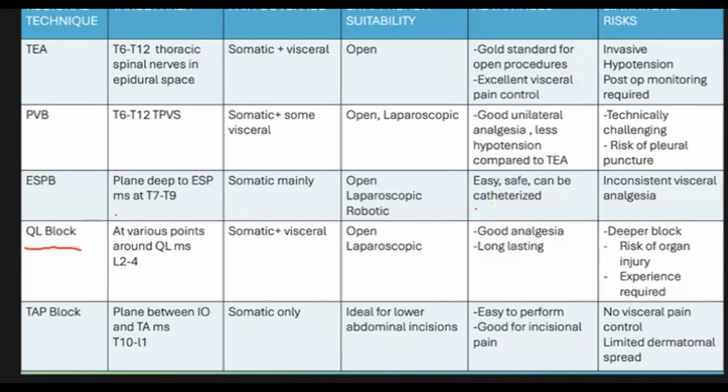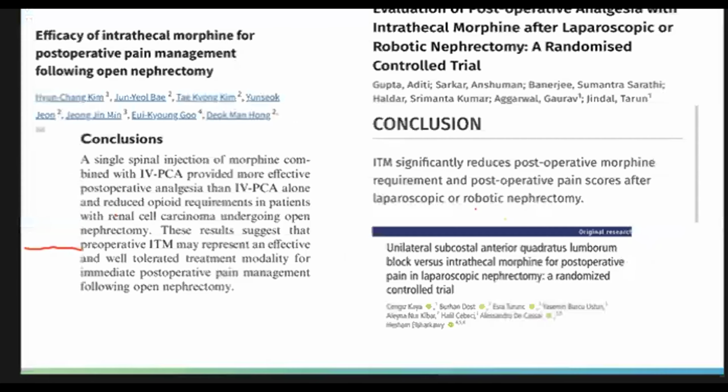Secondly, what are the innervation? What are the dermatomal involvement for this surgery? So, sir, depending on the type of surgery, the type of approach that is used, for open nephrectomies it is between T8 to T10, L1. And for laparoscopic or robotic surgeries, usually the more painful part is the port site incisions that are taken.